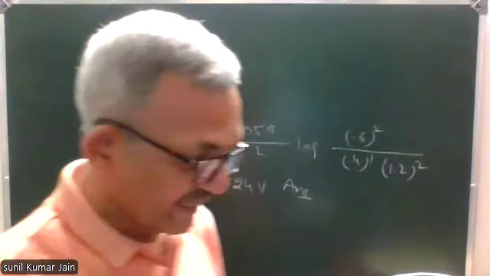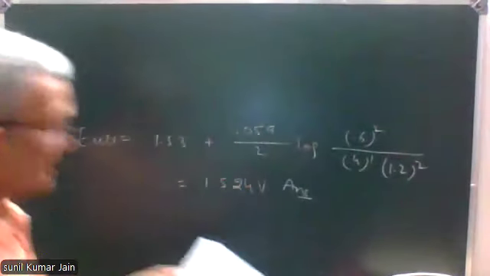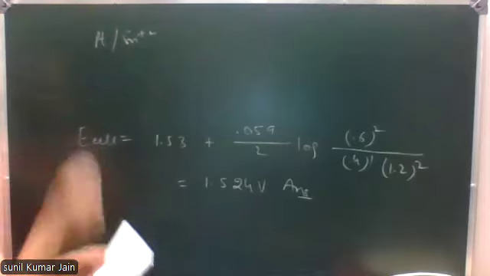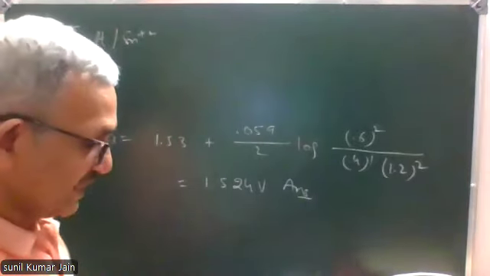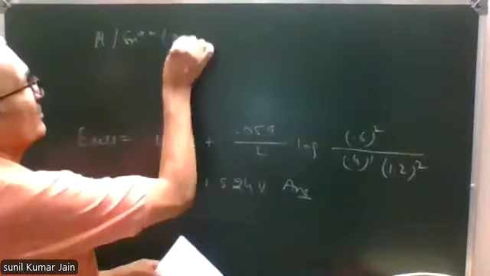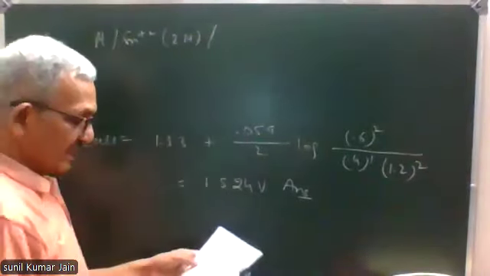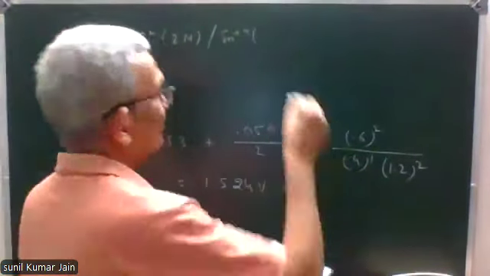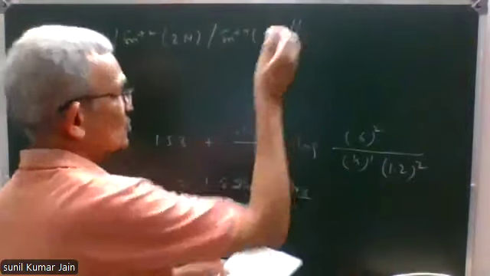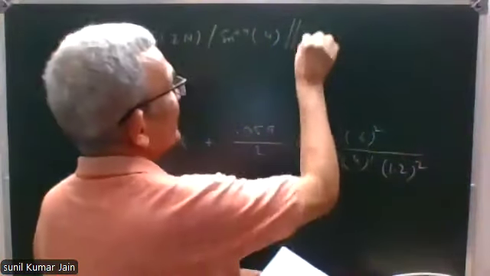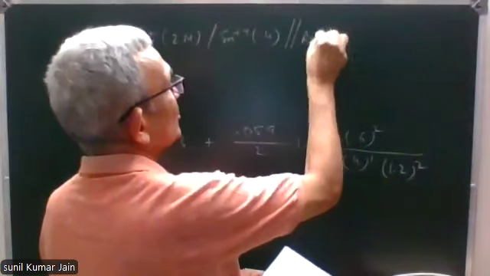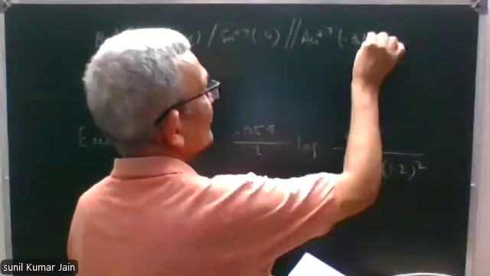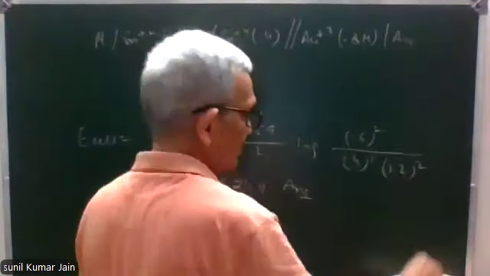Numerical number 11. Calculate E of the cell: platinum, Sn plus 2, stannous, 2 molar, and stannic Sn plus 4, 0.4 molar, salt bridge, Au plus 3 gold ions, 0.8 molar, gold.